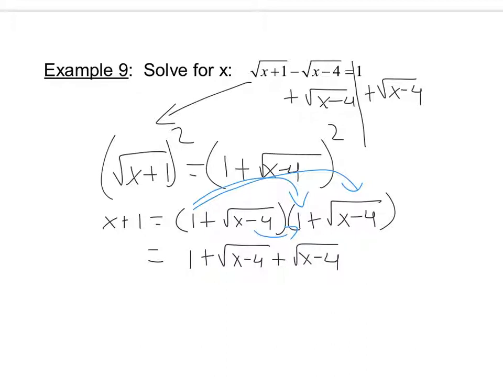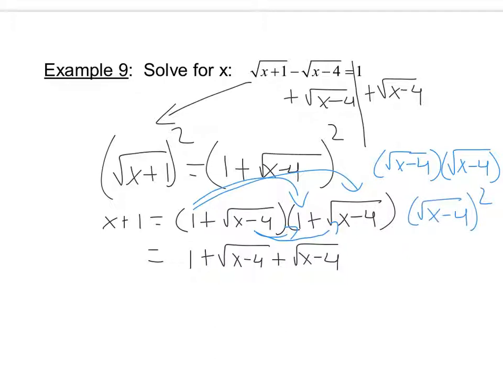And then here's the thing. This one can be a little tricky, but when you multiply these, think about that. It's square root of x minus 4 times the square root of x minus 4. Well, isn't that the same thing as square root of x minus 4 squared? So it just gets rid of the square root. It doesn't change anything underneath the radical. Okay, so it'd be plus x minus 4. Don't forget to bring down the x plus 1.